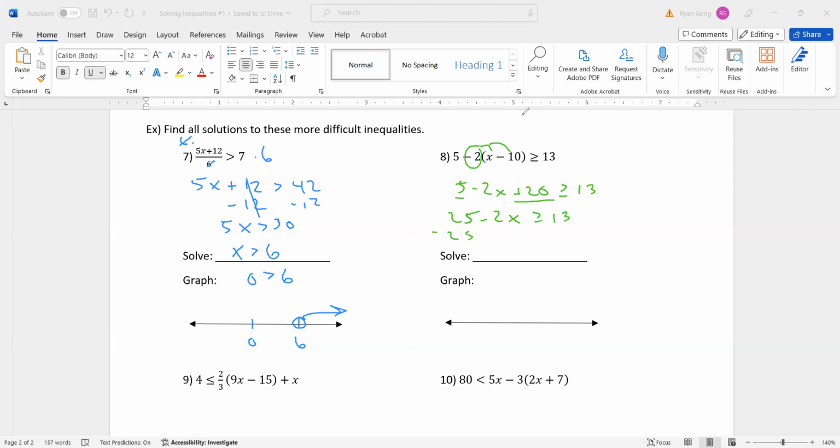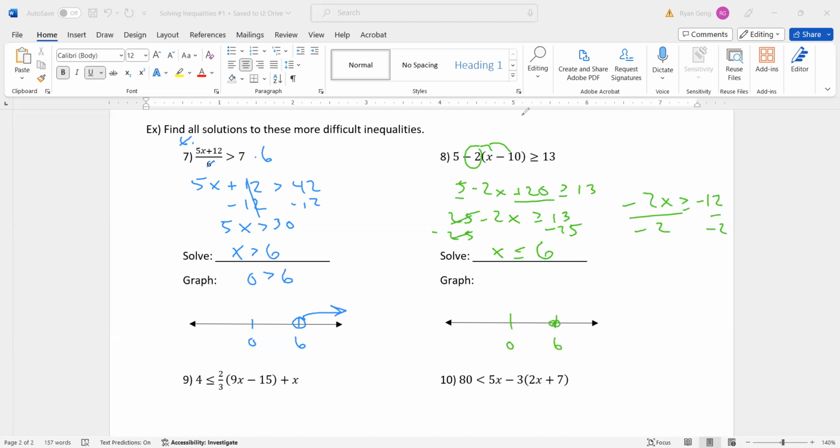Subtract the 25. I get negative 2x is greater than or equal to negative 12. No sign flip because I've just subtracted, but now I'm dividing by a negative, and that does flip the sign. So it's going to be less than or equal to negative 12 divided by negative 2, which is positive 6.